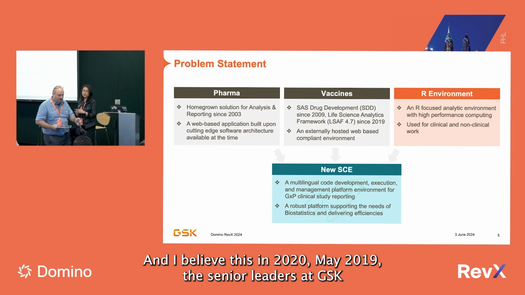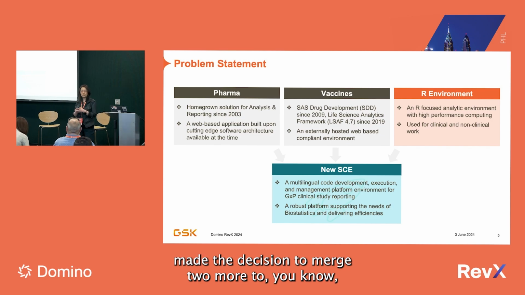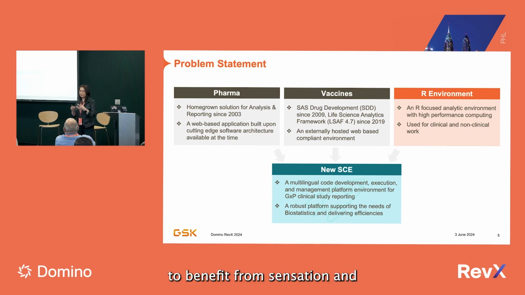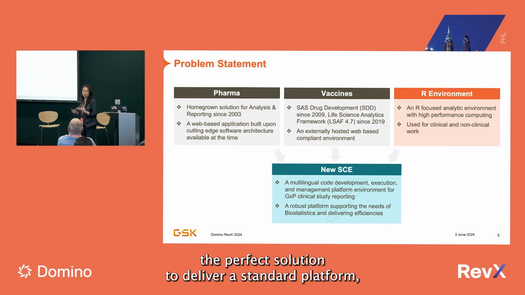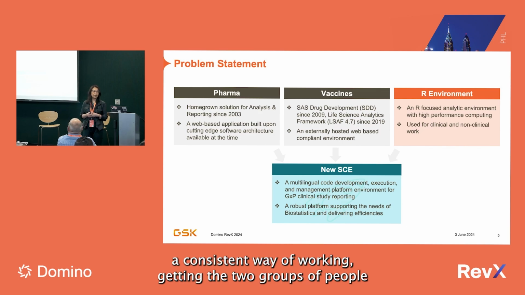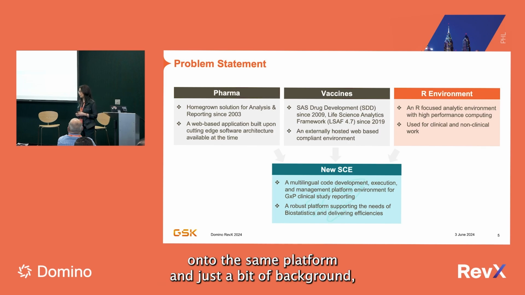And I believe it was in 2019 or 2020 that the senior leaders at GSK made the decision to merge to benefit from centralization and also efficiency, synergy, etc. So this project also became the perfect solution to deliver a standard platform, a consistent way of working, getting the two groups of people onto the same platform.